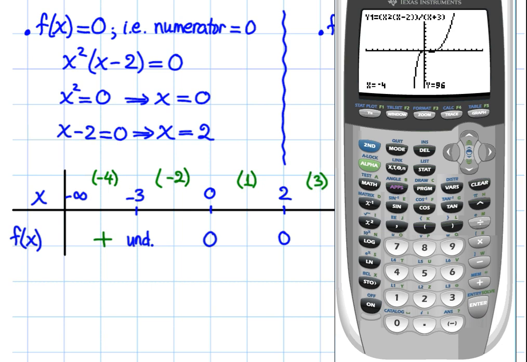And then -2, we just need to enter -2. That is negative. And when x equals 1, it is negative. And when x equals 3, it is positive. Alright, so I have all the signs there and put the calculator away.